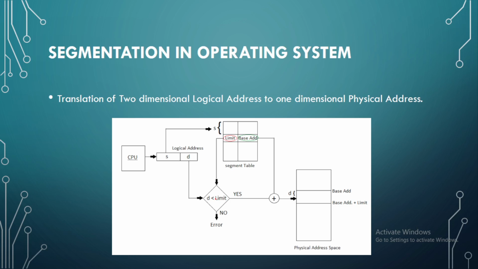If the offset is less than the limit, then it is added with the base address and gives the physical address. So this base address is the starting of the address location, and when it's added with the offset, it will give the particular location within that segment size.